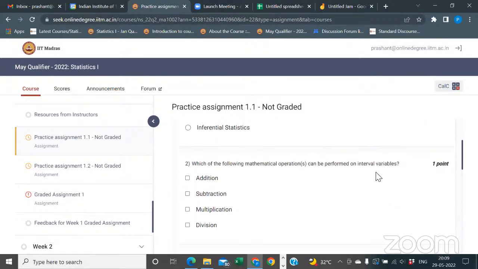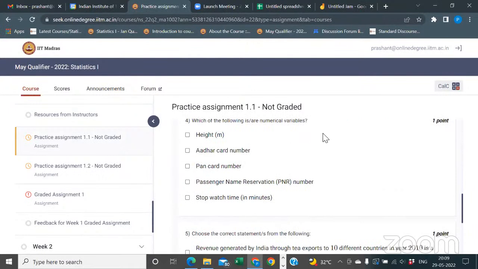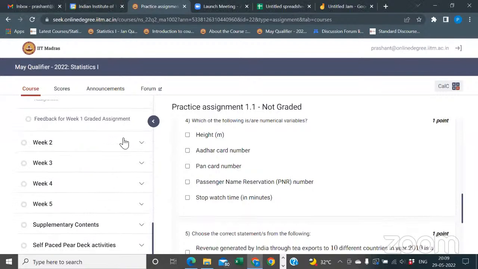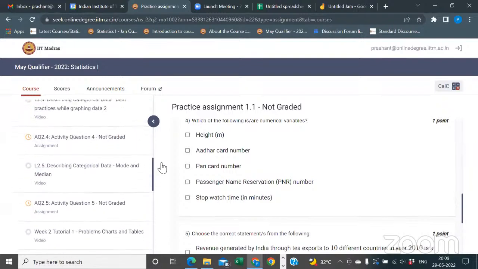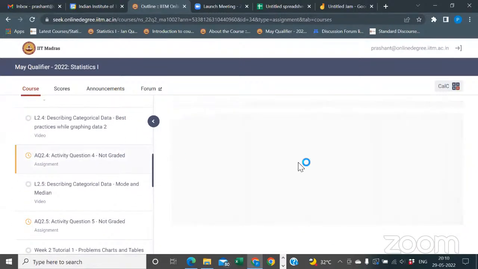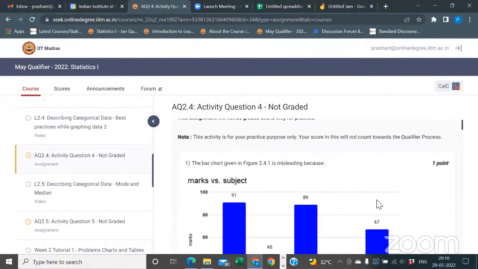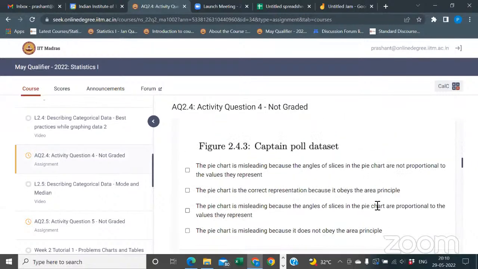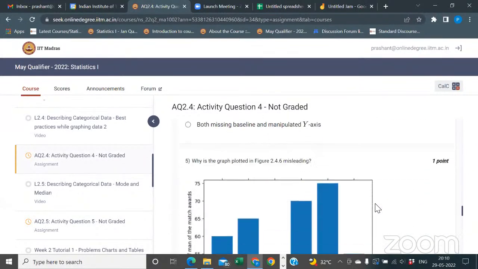Can you check and let me know? It's a graph question, activity 2.4, question number 5.